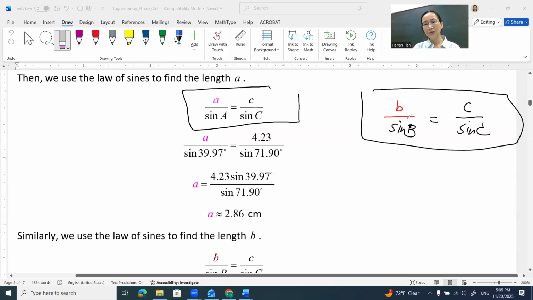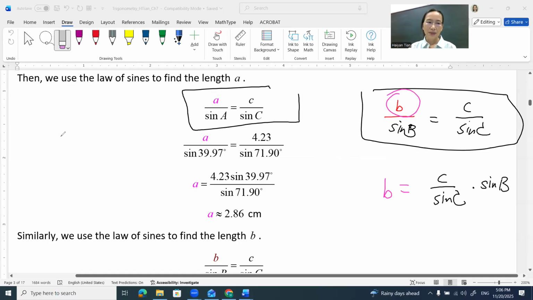Everything else is known in the equation except for B. So we solve this equation. B will be found to be c over sine capital C times the sine of capital B.